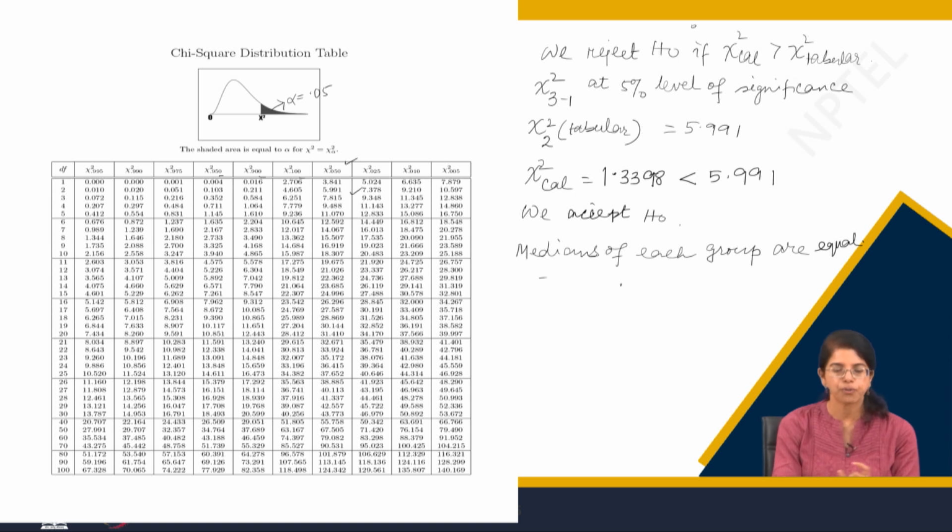Now, just have a look from the column heads which alpha for a specific value of degrees of freedom will give you the chi-square tabular value, and make a judgment from that chi-square tabular value as well as the chi-square calculated value. That is how the chi-square table can be helpful in finding out the rejection region.